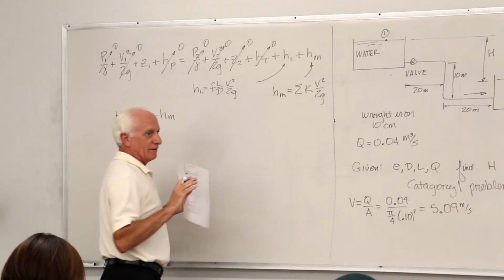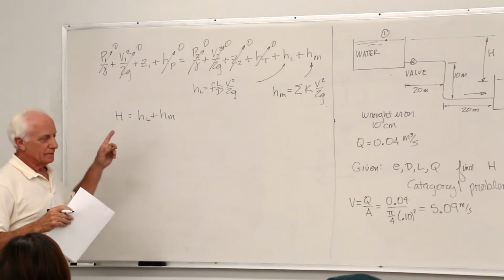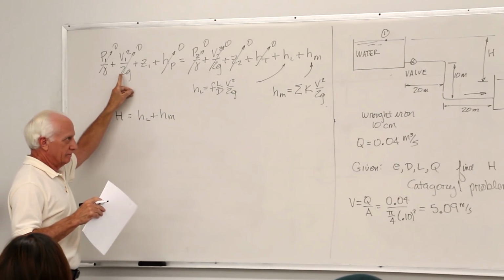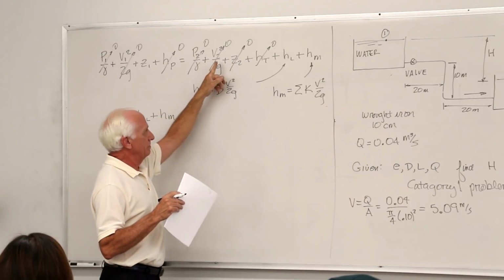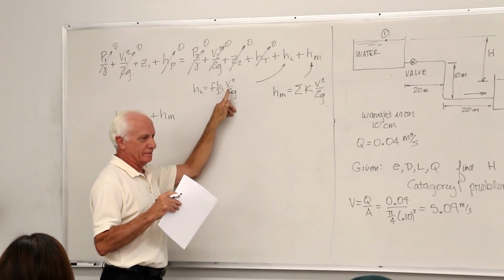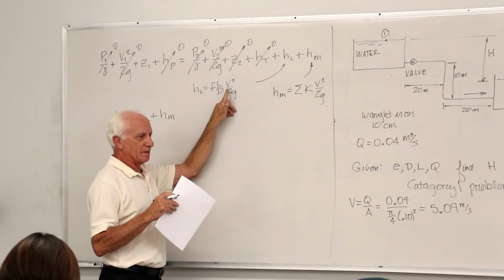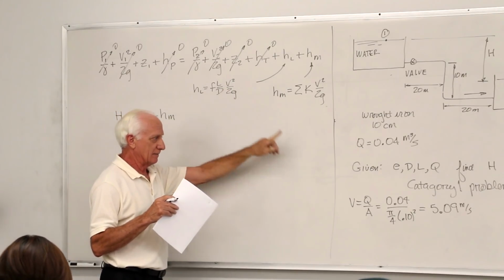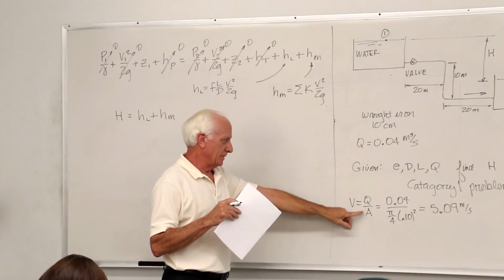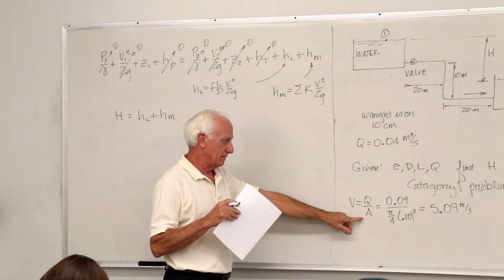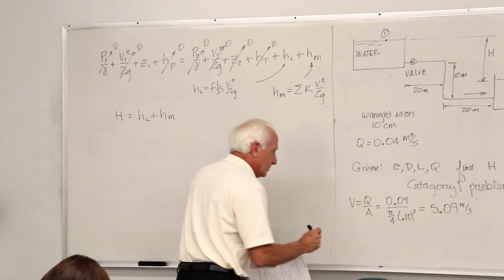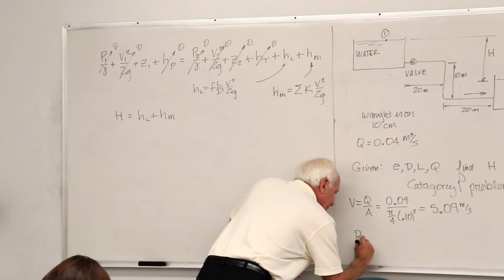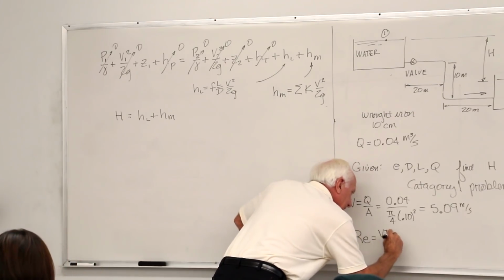You see there's 3 velocities in the energy equation. There's V1, there's V2, and there's plain old V. Plain old V, no subscript, is the average velocity in the pipe. That's how we get it: the volumetric flow rate divided by the pipe cross-sectional area. Number 2, get the Reynolds number: V D over nu.